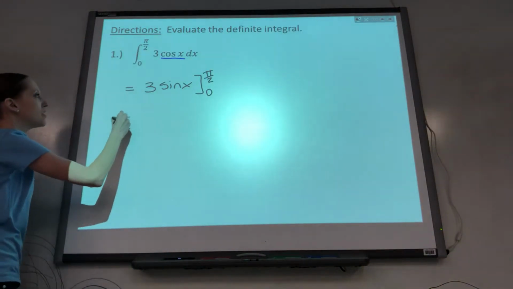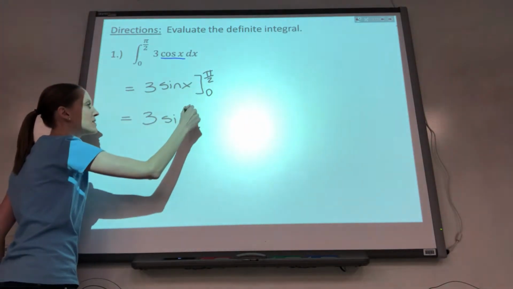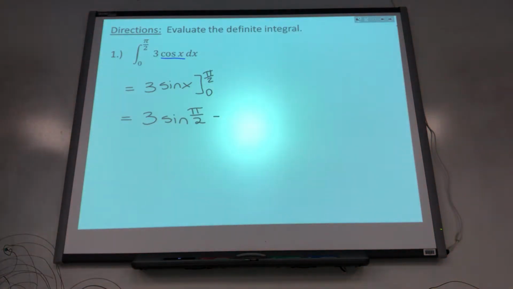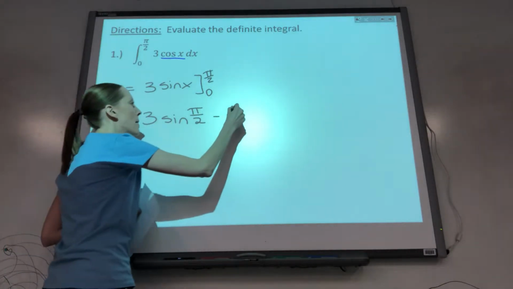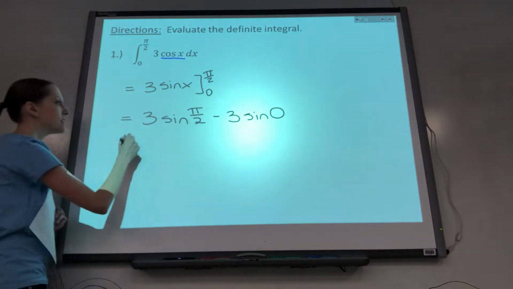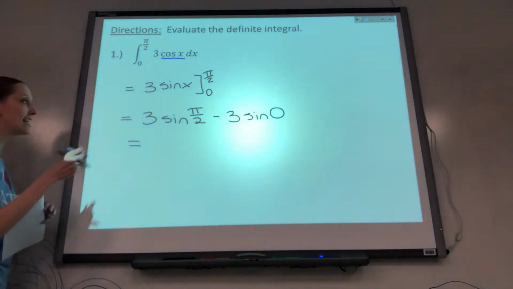And you could actually use handy dandy for this part as well. I always want to plug in the upper bound first. So that's what it looks like plugging in: 3 sine of pi over 2 minus 3 sine of 0. And here's how I'll use handy dandy.